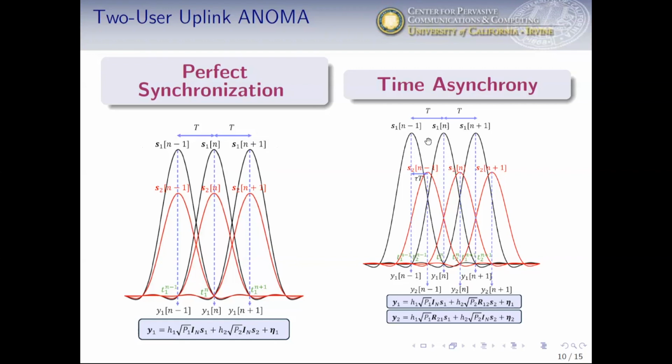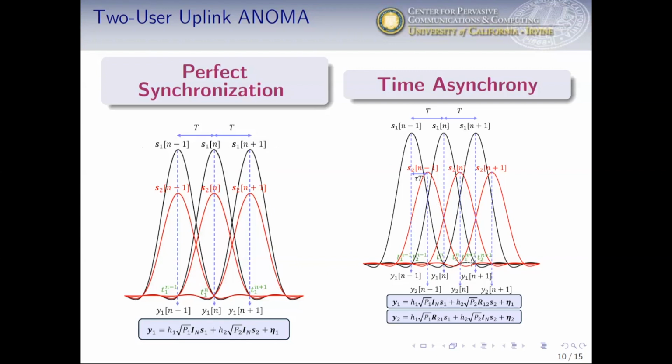However, if you look at the sufficient statistics for such a system, you can sample at the peak of each of these two pulse shapes, and that will result in two sets of equations, one at the peak of the signal for the first user, one at the peak of the signal for the second user.